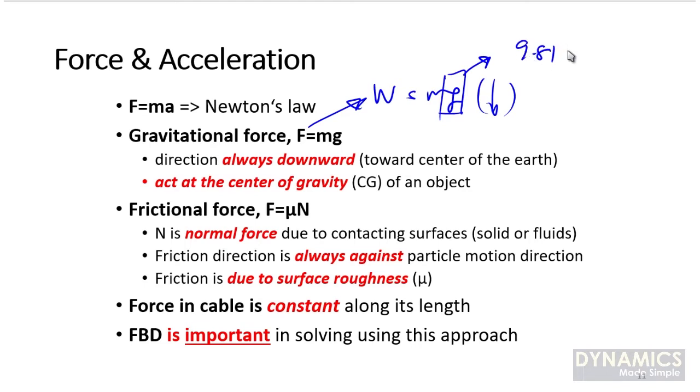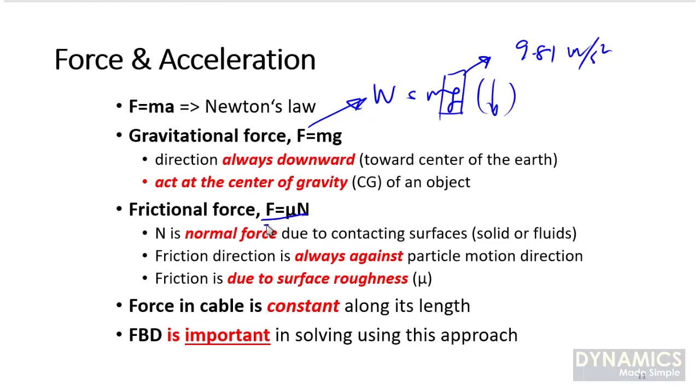Of course, g depends on location. Okay, in the real world, g might change a little bit here and there, but we'll take this as a constant value equals to 9.81, and it is pointing downward towards the center of gravity, or in this case, center of the earth.